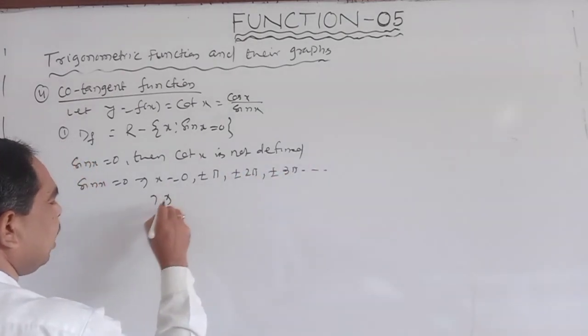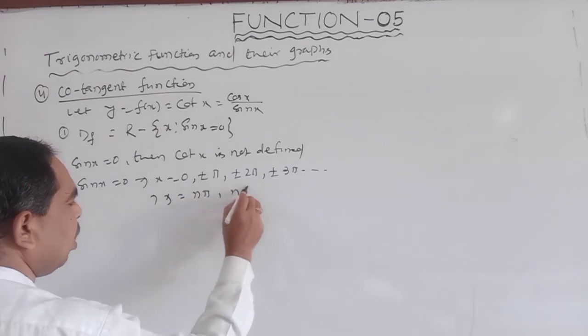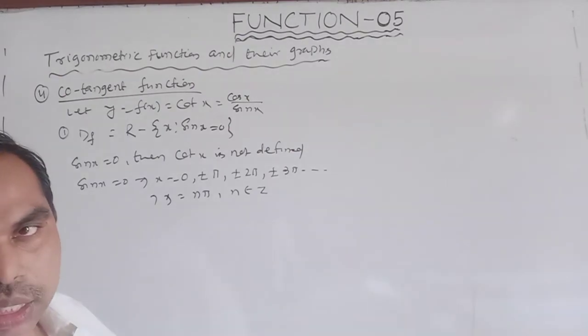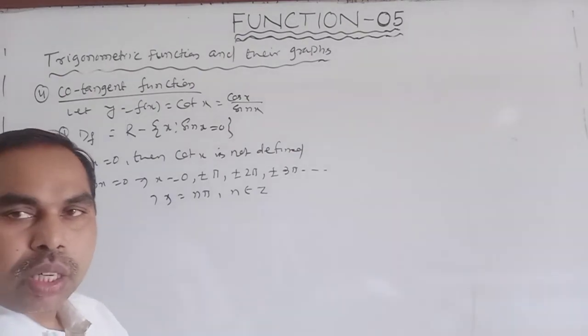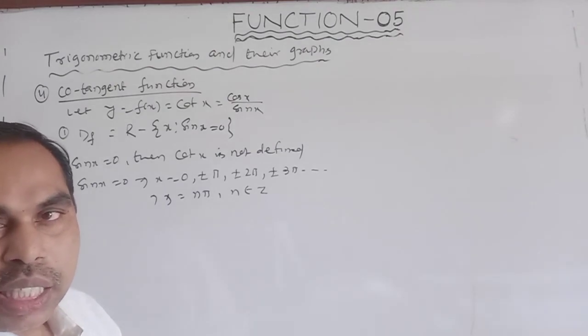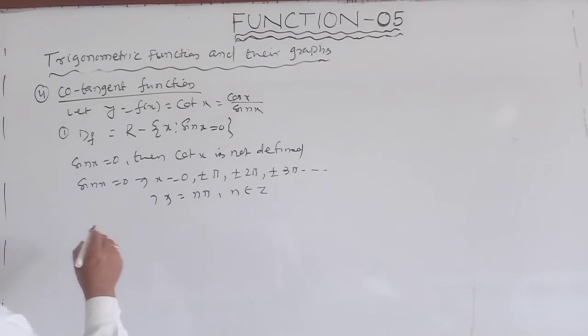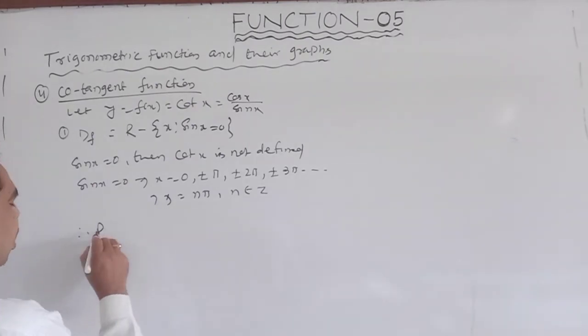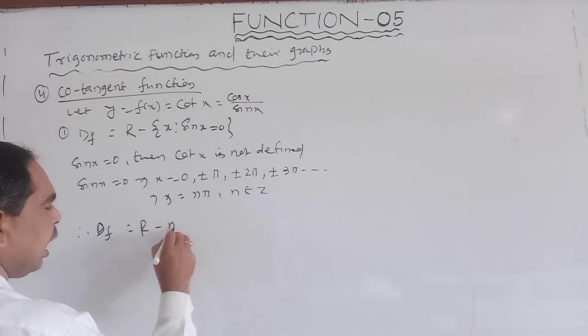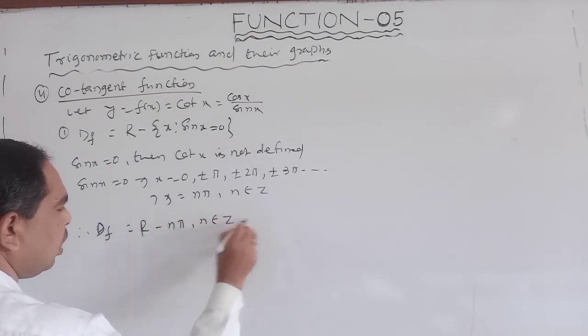That implies x is equal to n pi, n belongs to the set of integers Z. So when x is equal to n pi, cot is not defined. Hence the domain of cot x is the set of all real values of x except integer multiples of pi. Therefore the domain of f is R minus n pi, n belongs to Z.